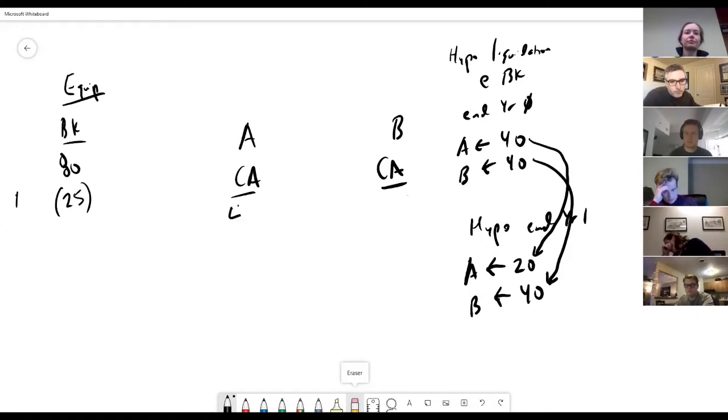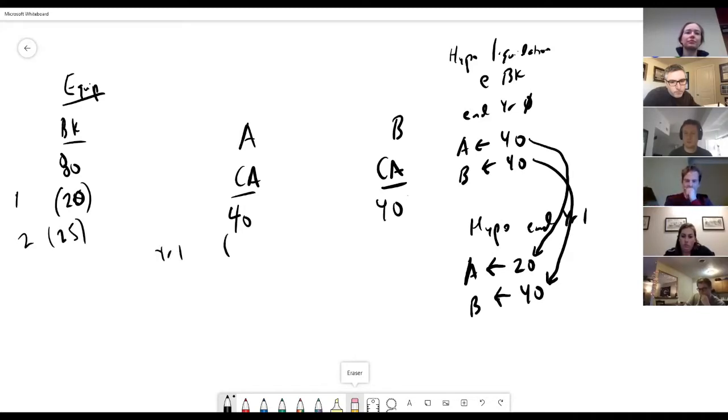So again, A contributed 40. I'm sorry, yeah, sorry, this was the same facts. Year 1 was still 20, and year 2 is 25 under the facts. So year 1 was 20, and we said that that's valid under the alternate economic effect test.